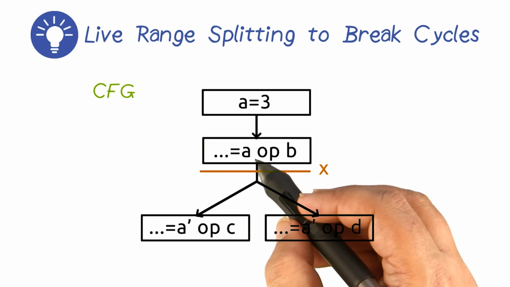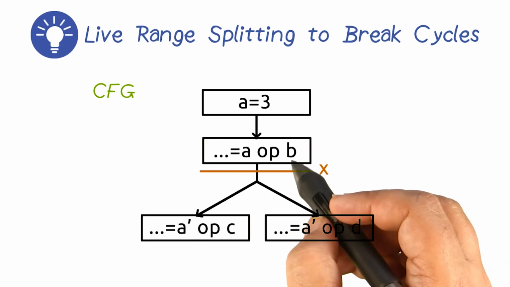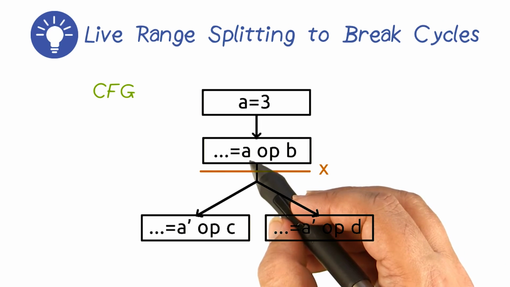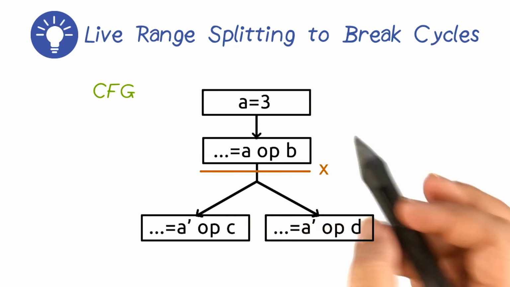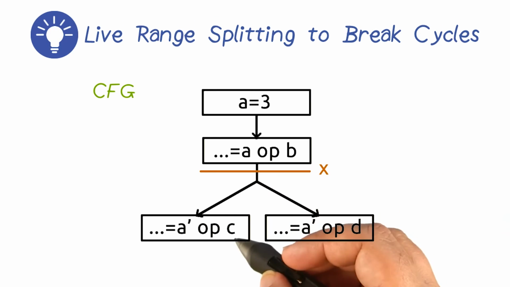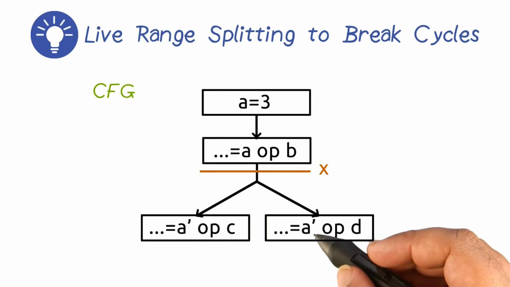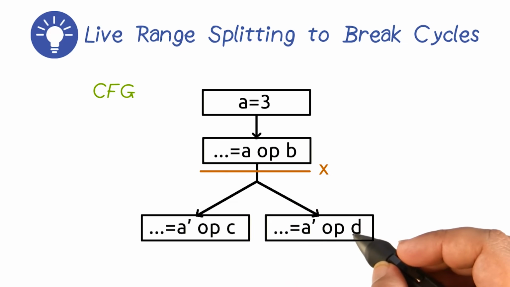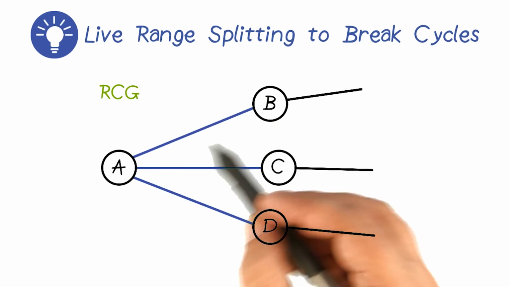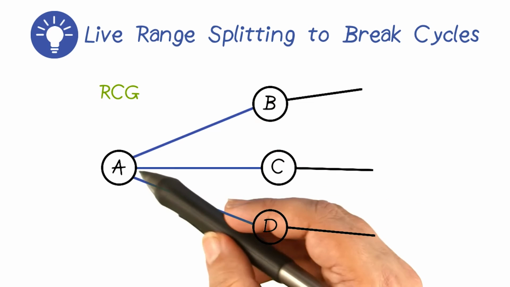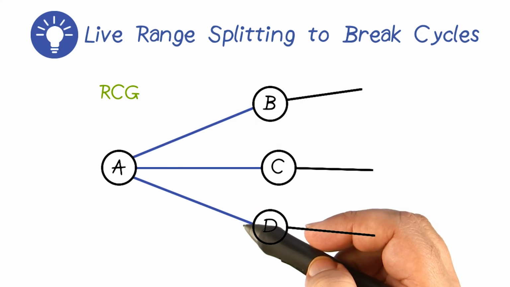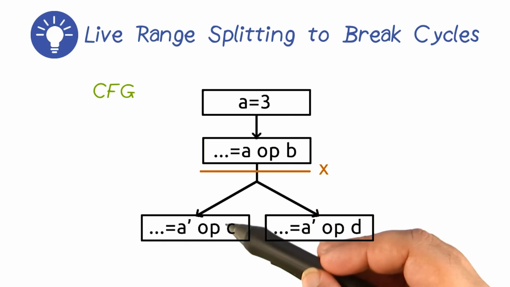You can see that we have an instruction here between A and B. Therefore, A and B have a conflict edge in the RCG. Similarly, A and C have a conflict edge in the RCG, and A and D have a conflict edge in the RCG. So we do have A and B sharing a conflict edge, A and C, and A and D sharing a conflict edge. But now what do we do?